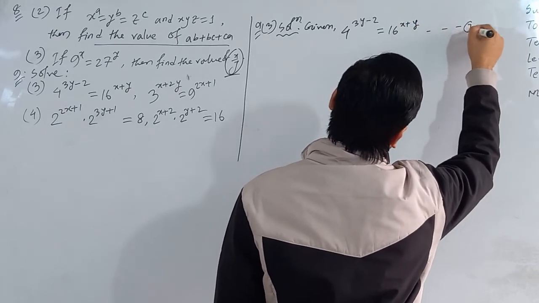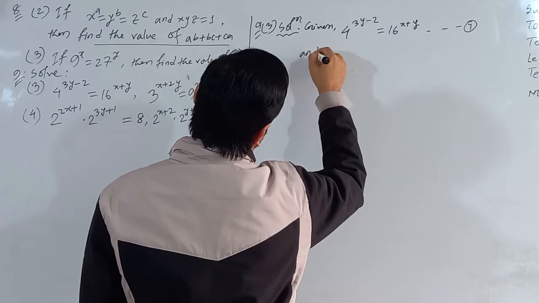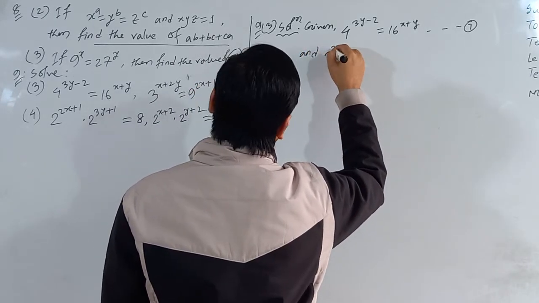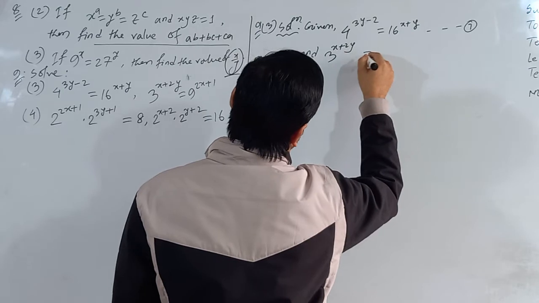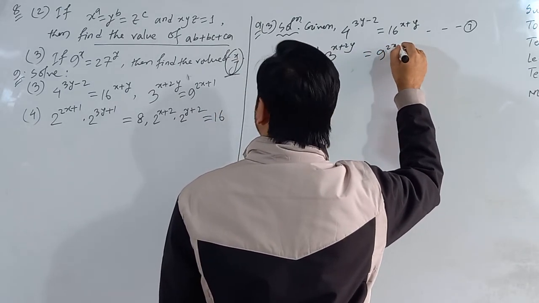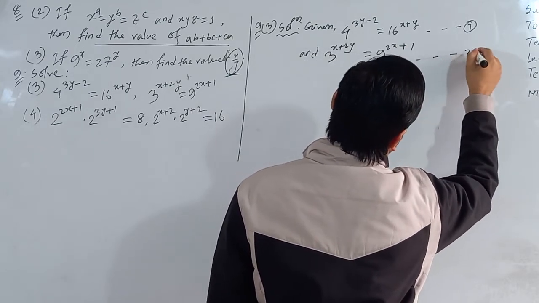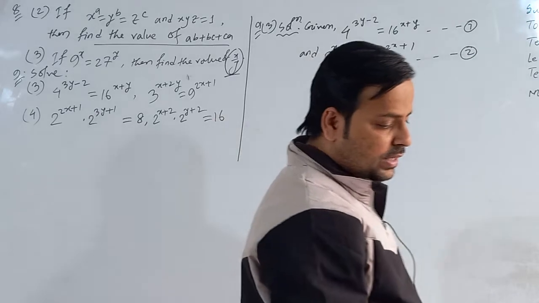This is equation 1. We can give the equation number. Now we can write 3 to the power x plus 2y is equal to 9 to the power 2x plus 1. This is equation 2.